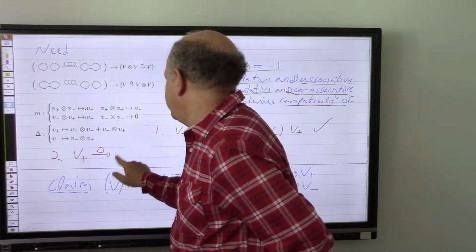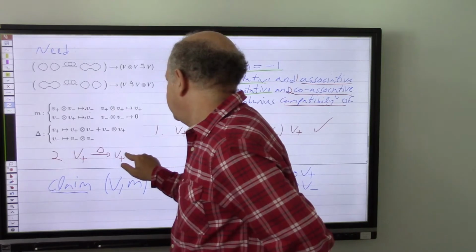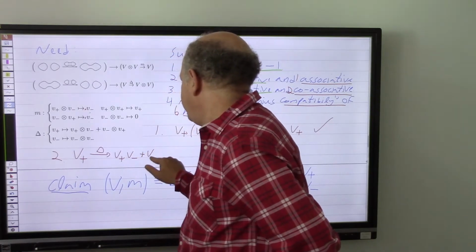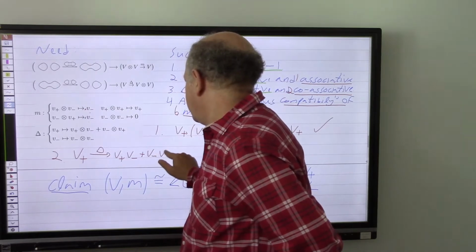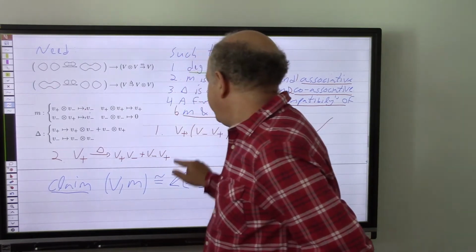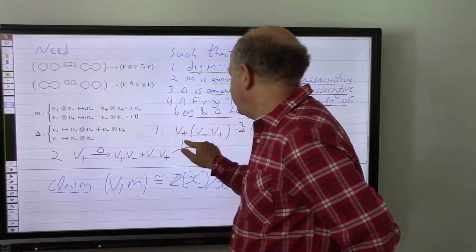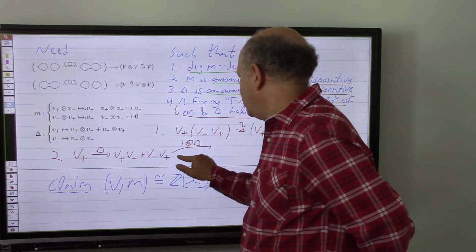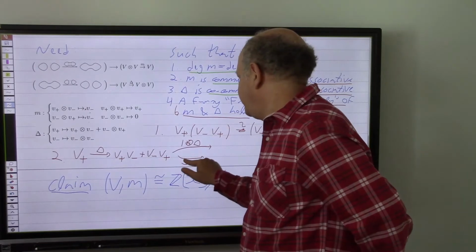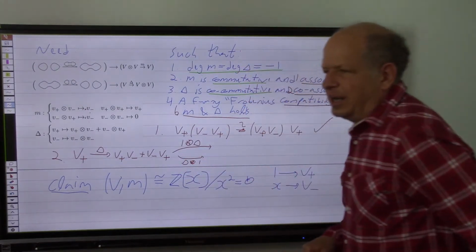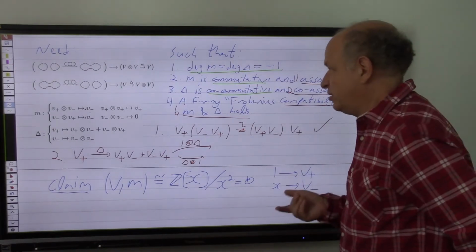So the result is V plus tensor V minus plus V minus tensor V plus, and then I take the result and apply to it either 1 tensor delta or delta tensor 1. I need to know that both results are the same.